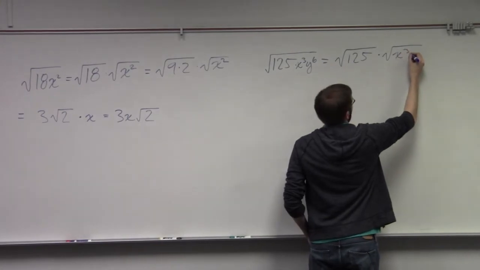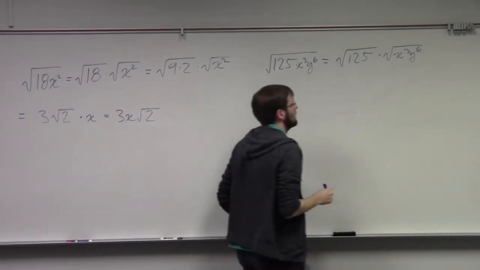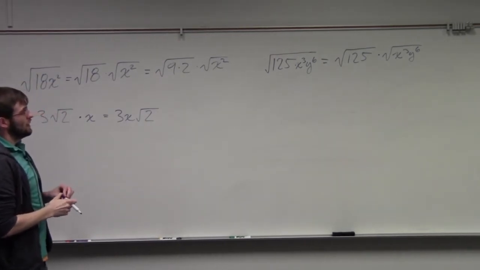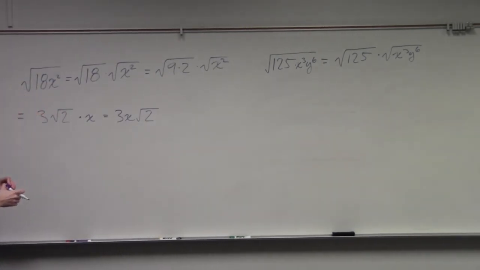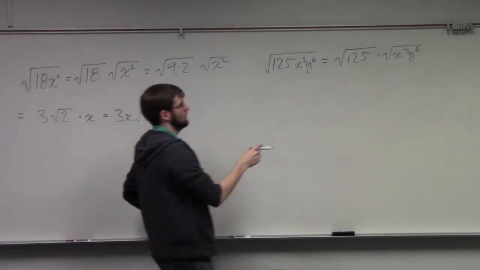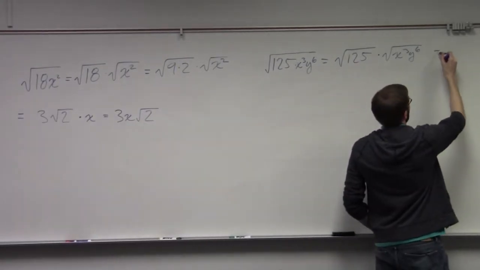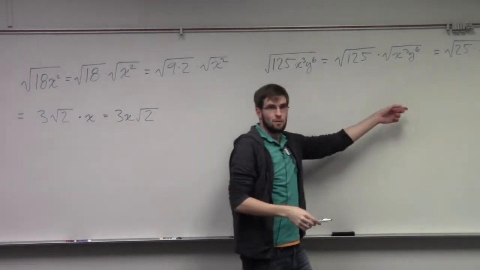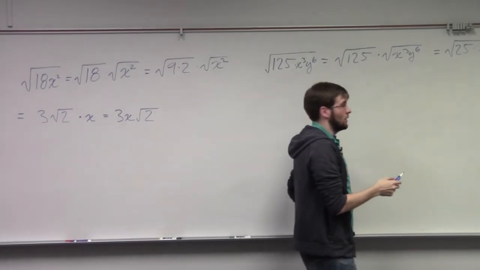We're looking for those perfect squares in the radicals. What can I break 125 into? 5 and 25. All right, good. Is it okay if I keep moving this way? Okay.